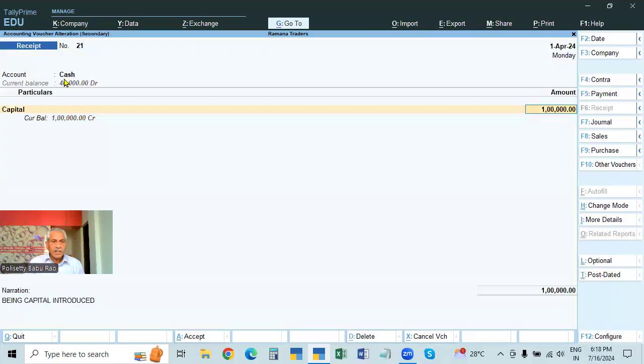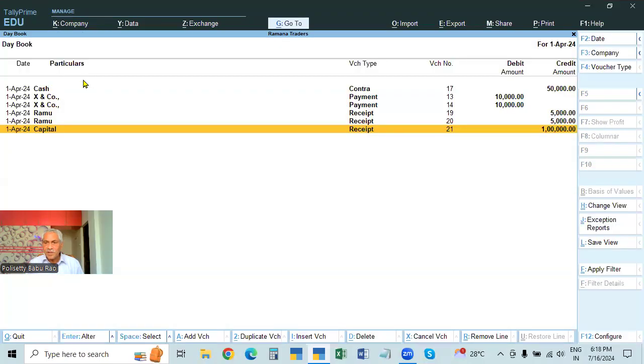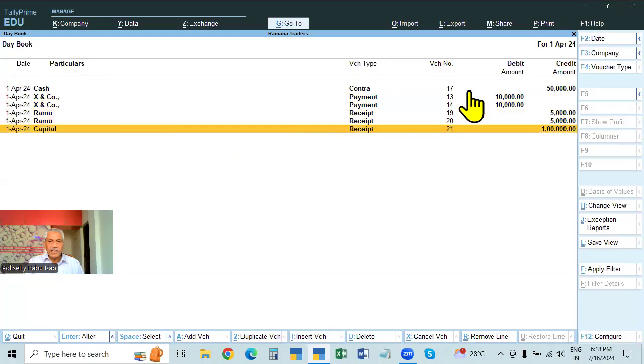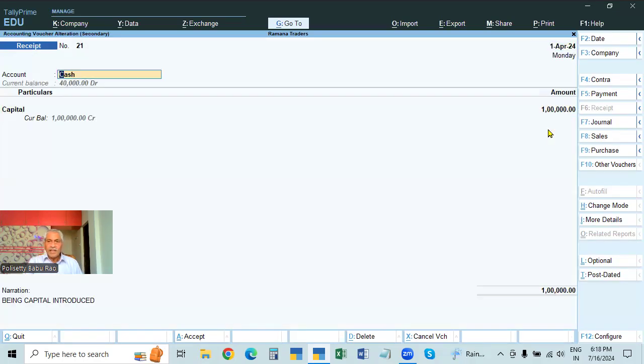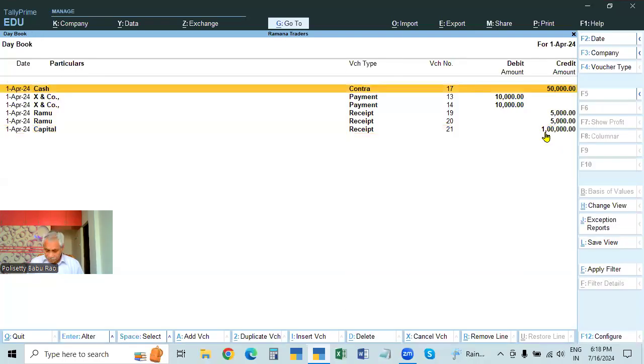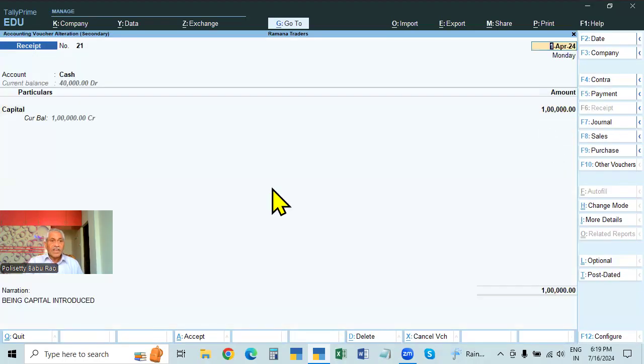Capital, cash is debit, showing. Cash is debit already. This is the entry. Okay, no problem. Like this, we have brought capital into the business, capital introduced.